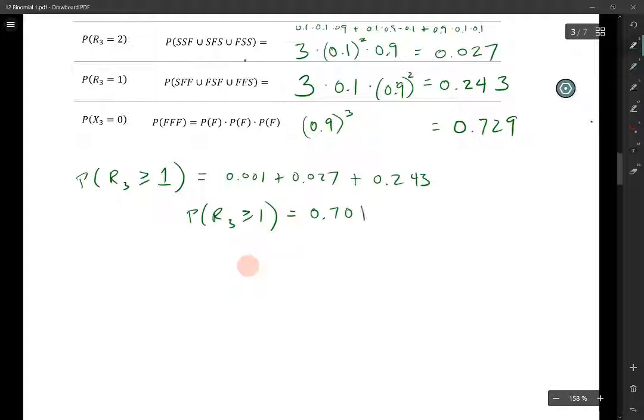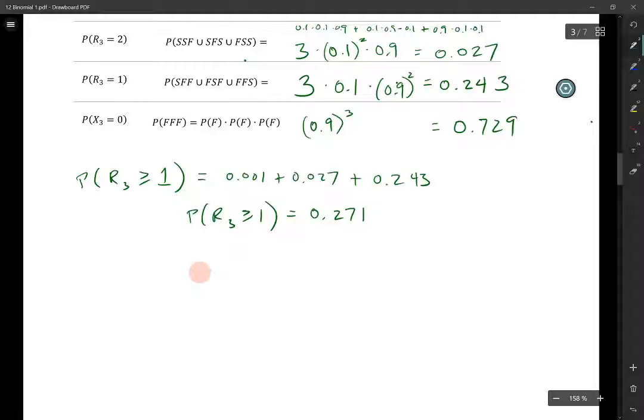No, sorry, 0.271. Yeah, because this would be 0.6, 0.7, right.